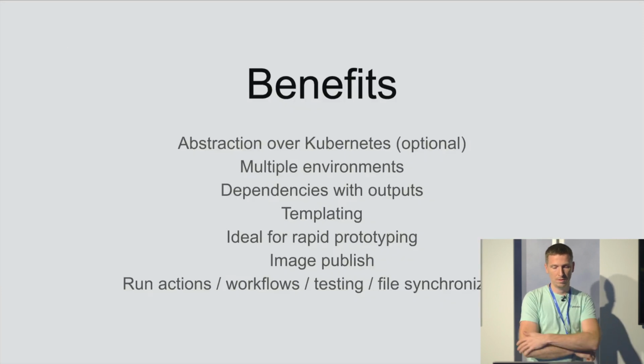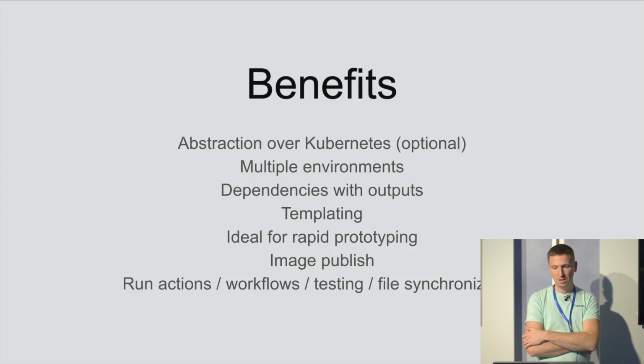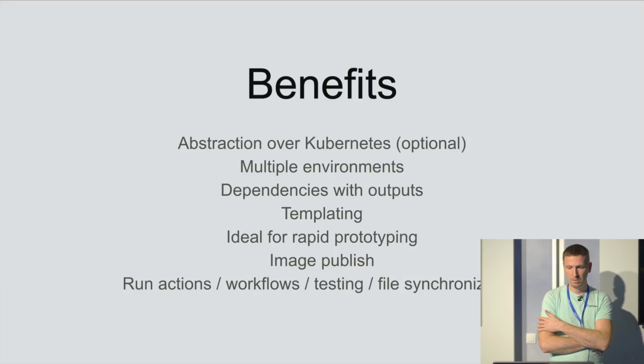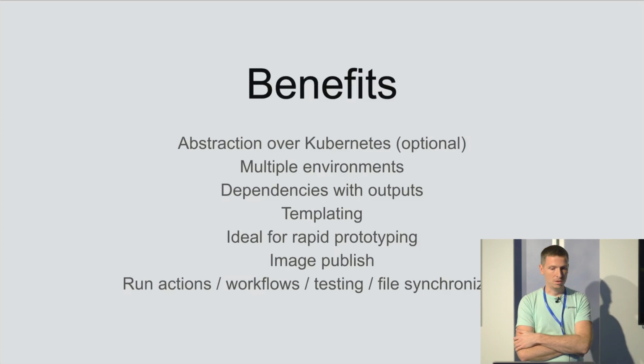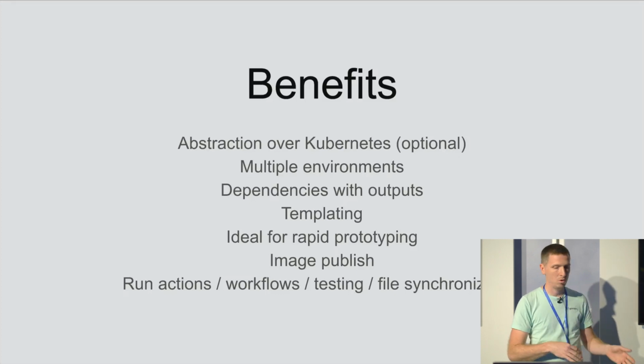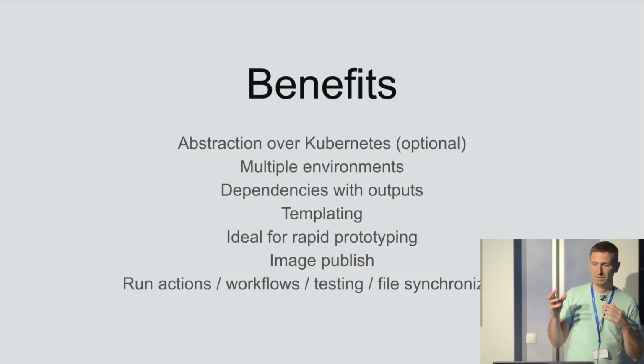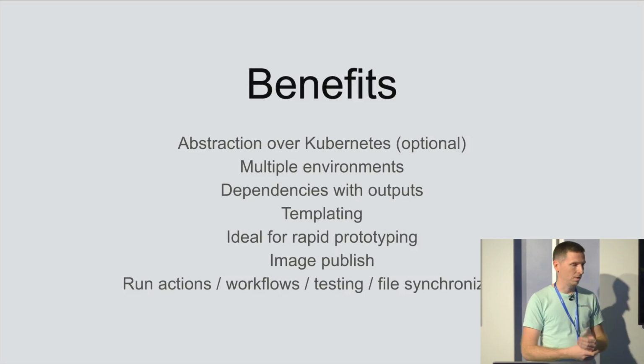So as I already highlighted a few benefits, I tried to enumerate a few others. So it has this abstraction over Kubernetes with these container type of deploy actions, but it's not required to use this. So you can use YAML, you can write a Helm chart and deploy that.